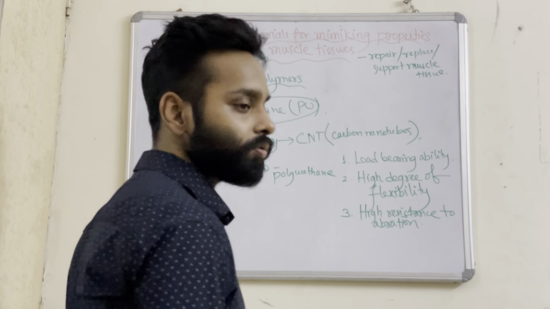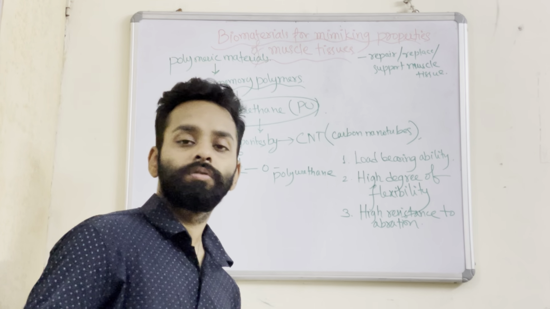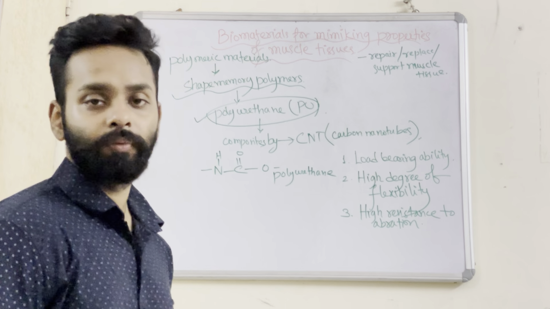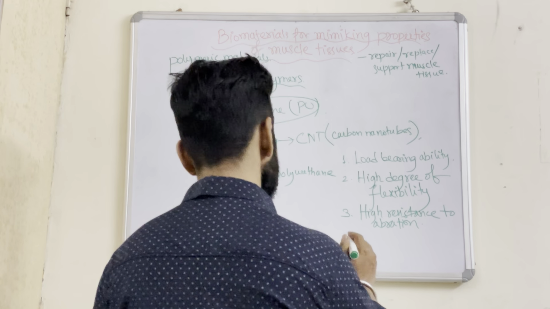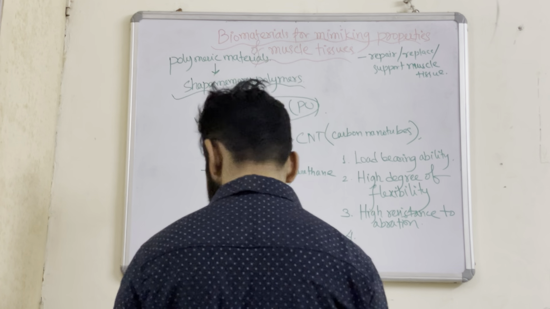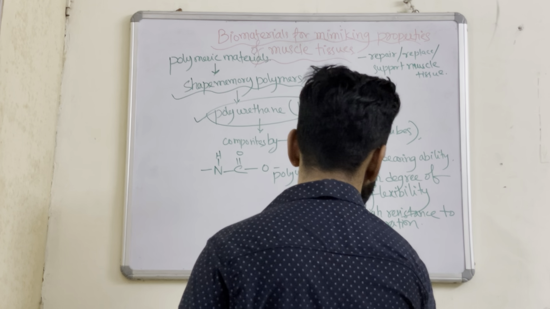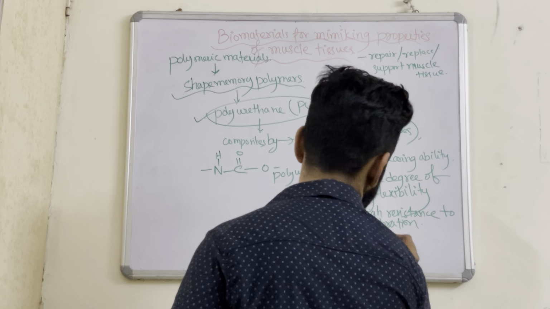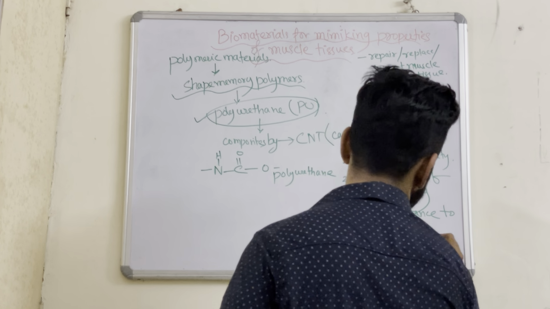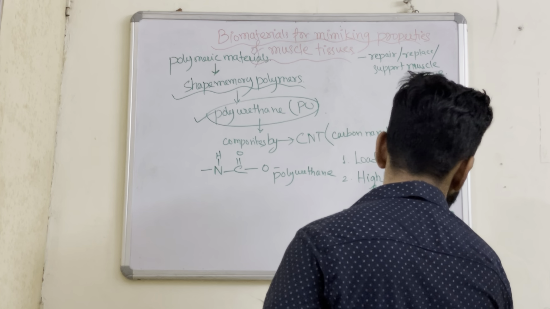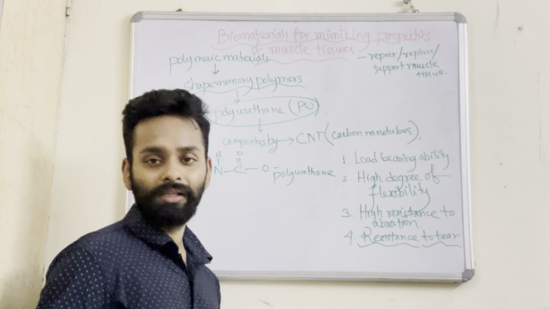Because muscle tissues are subjected to constant mechanical stresses, these materials should show high resistance to abrasion. Then it should also show decent resistance to tear, because muscle tissues are loaded and unloaded in different cycles.